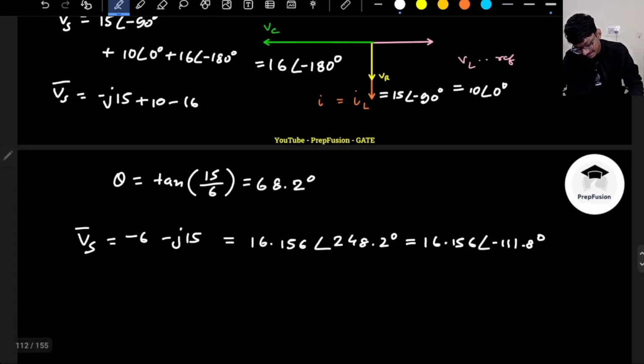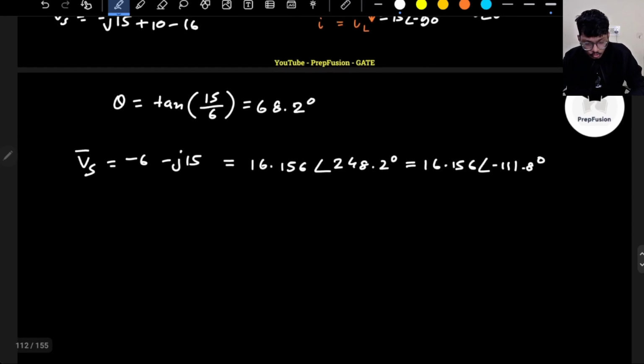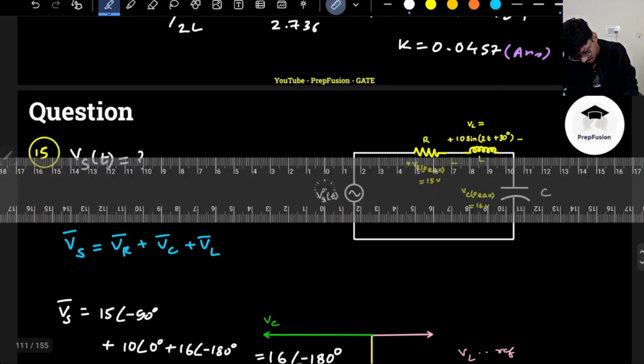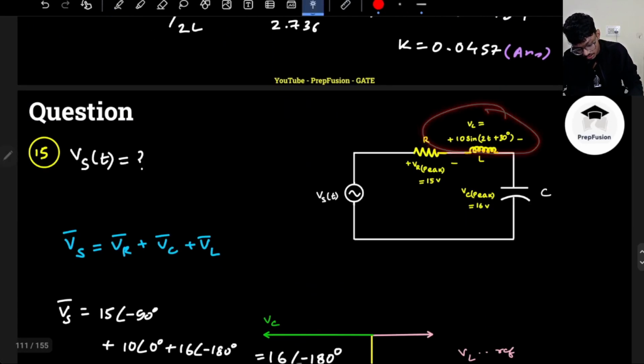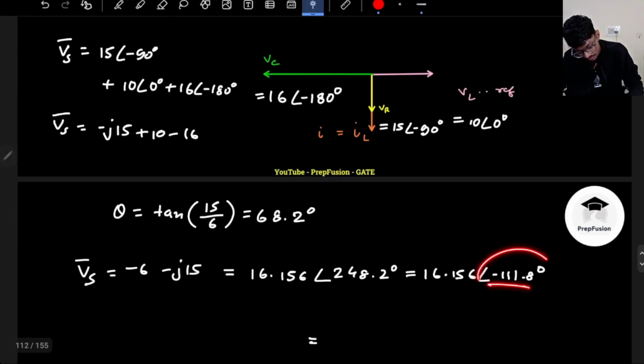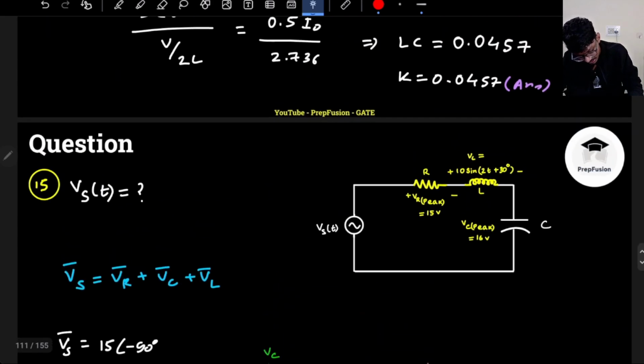Now this is in the phasor format, but I want it in the sinusoidal format. If you want it in the sinusoidal format, what was your reference? Reference was this, right? So this is minus 111.8. I have to add plus 30 with the angle, and the frequency will be 2.